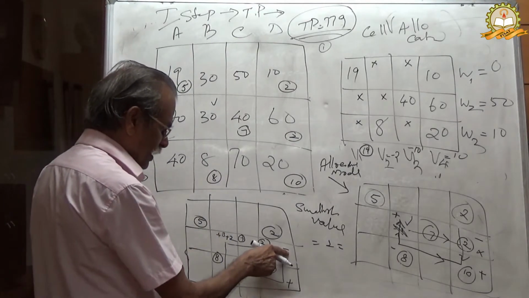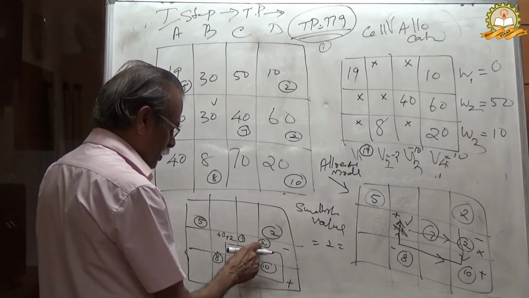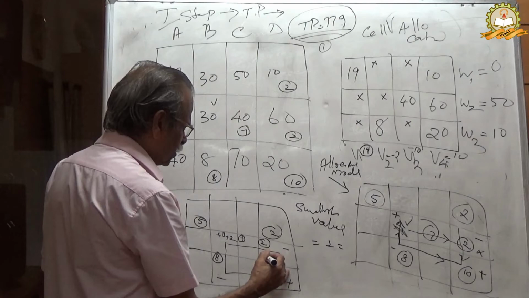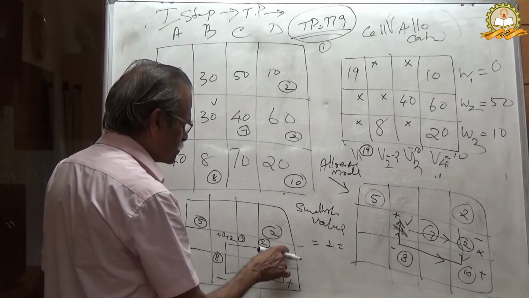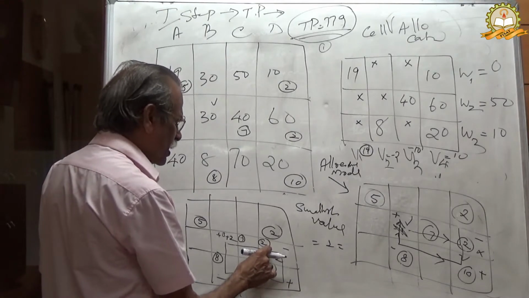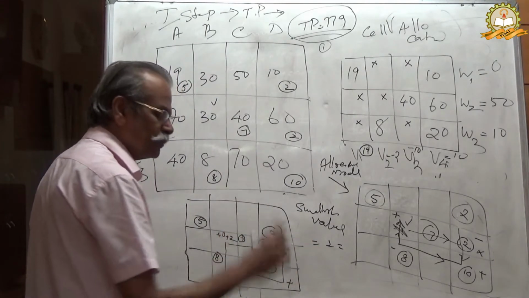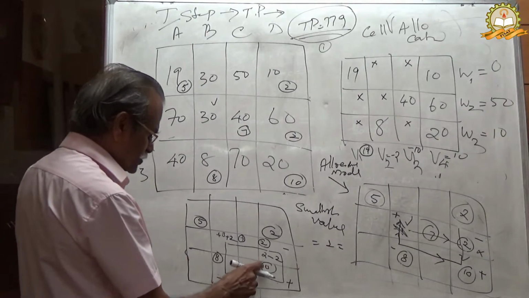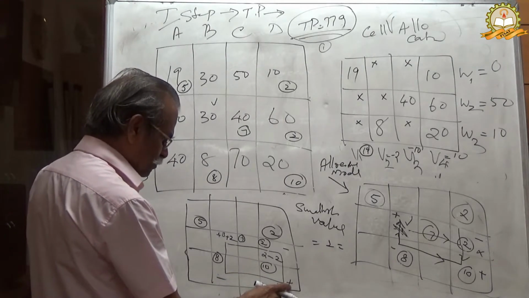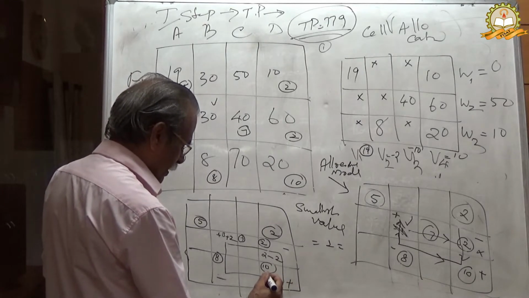Here negative sign, already you have an allocation 2, so 2 minus 2. In this case, already allocation is 10, here the sign is plus, therefore 10 plus 2.